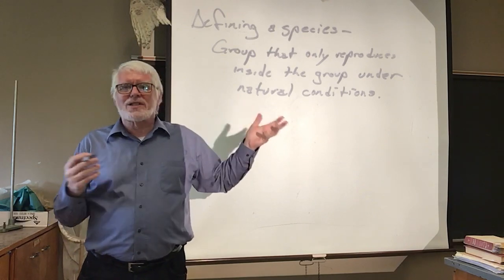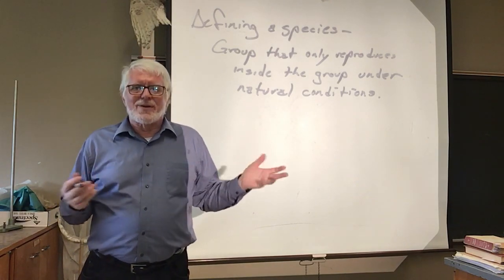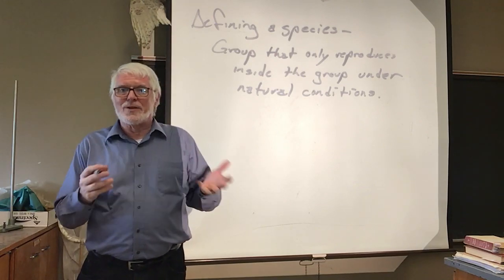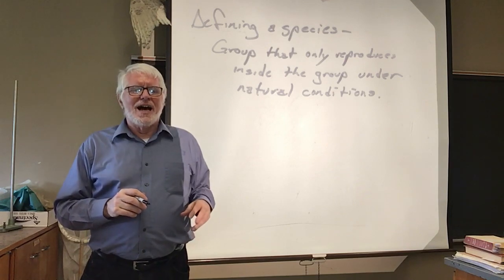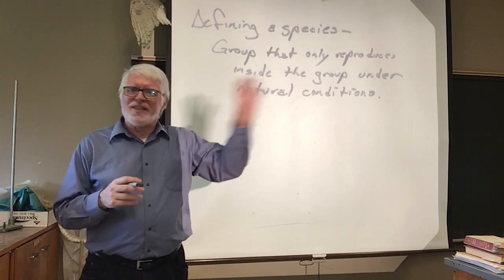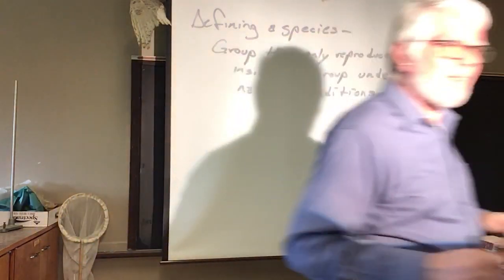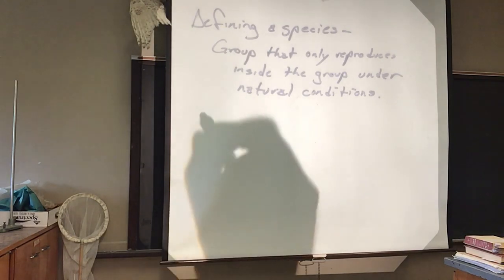Dogs and wolves are supposed to be separate species, but they don't necessarily read those books, and sometimes you'll get dog-wolves or wolf-dogs or combinations. But they still are considered separate species. Anyway, this is the definition we're going to use. And we're going to talk about groupings.